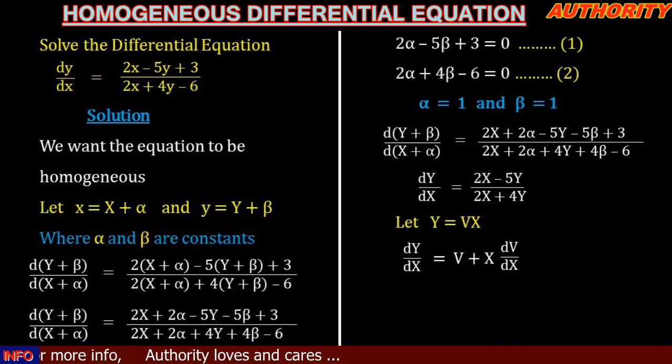In the equation we have dy/dx equal to (2x minus 5y) all over (2x plus 4y).